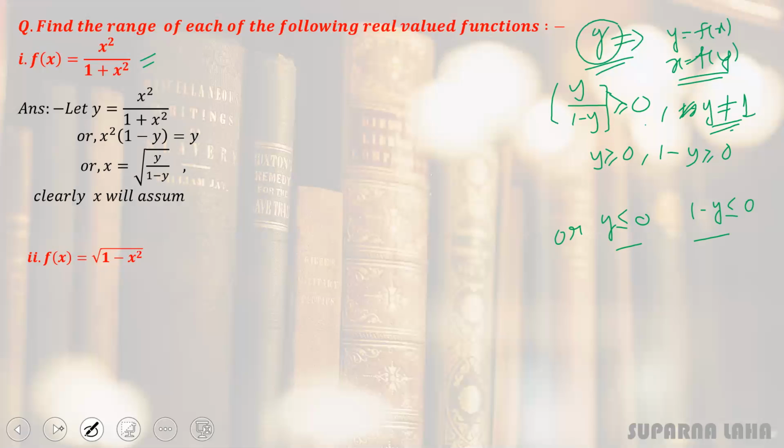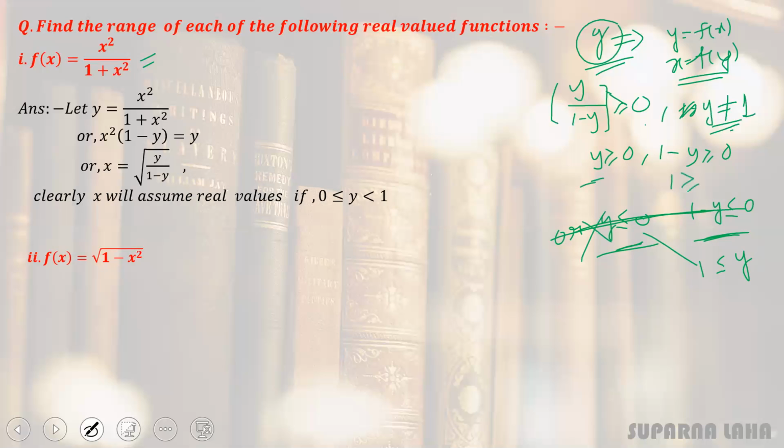You will find this for real value of x, y belongs to 0 to 1. Now look at here, this condition we can't apply, we will take only this condition. Since here y is less than or equal to 0 and here you can find y is greater than or equal to 1, this is contradictory. So we will not take this one, only this case we will take.